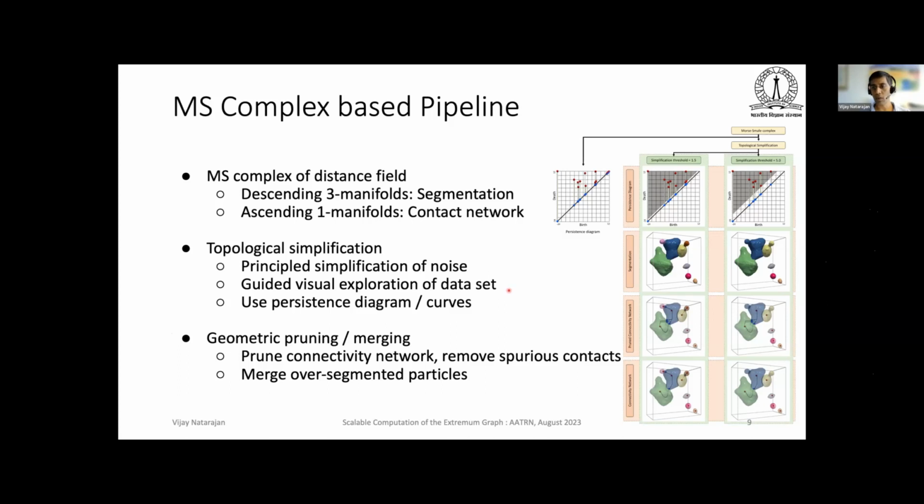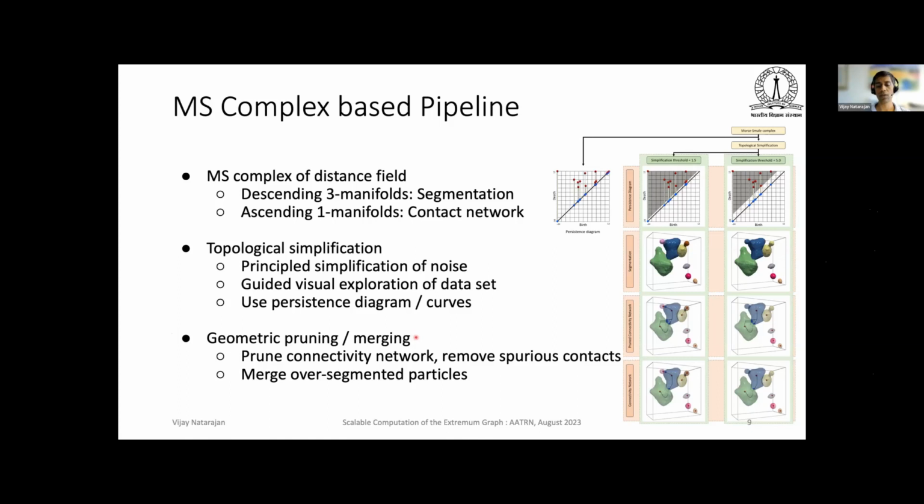And noise removal essentially is implemented as removal of pairs of critical points, so extrema-saddle pairs. And removing each such pair corresponds to a merging of two adjacent segments into one. So this simplification allows us to prune the connectivity network.